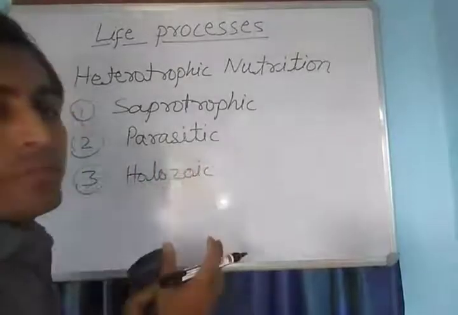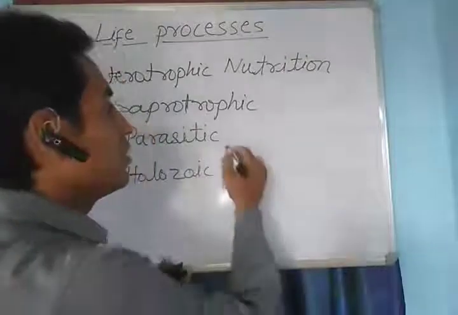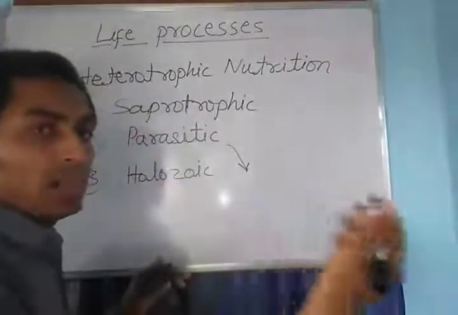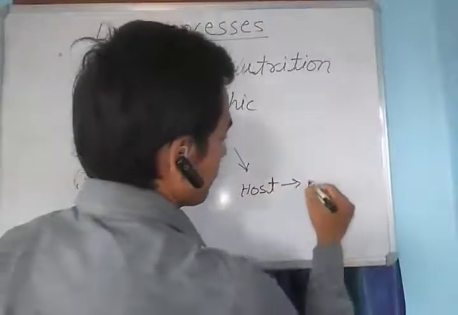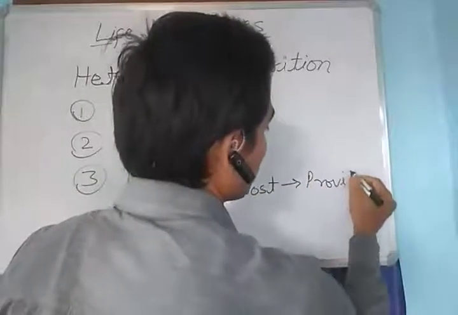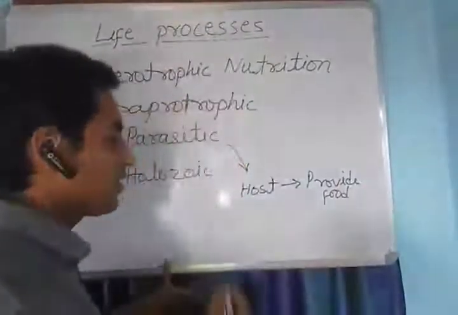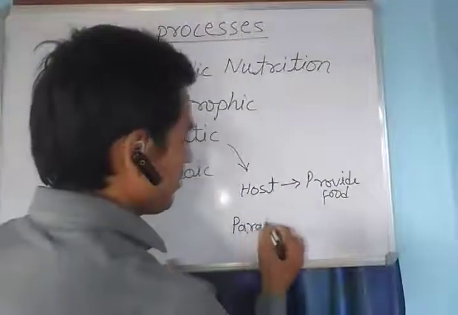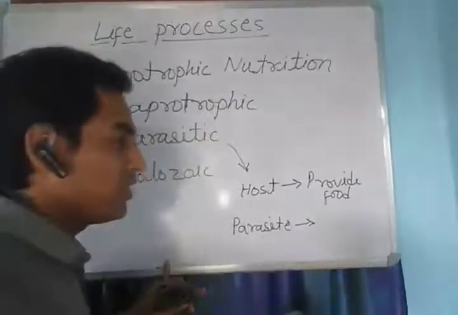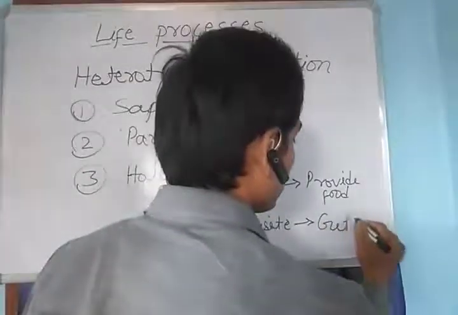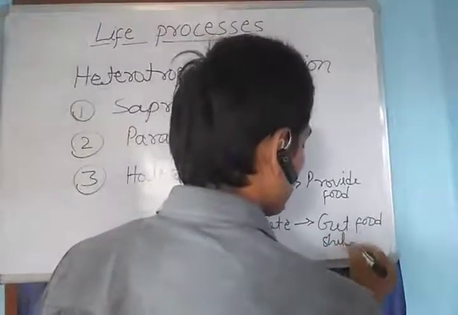The organism which provides food and sometimes shelter is known as the host, and the other one is the parasite, which gets food and sometimes shelter.